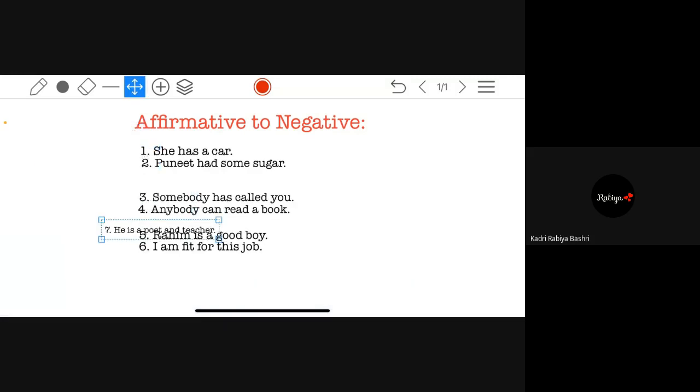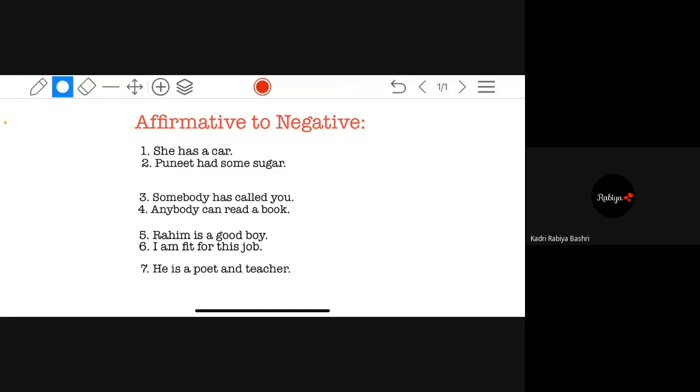Two things are given about him, poet and teacher. So, how will you change it to negative? Will you say that he is not a poet and not a teacher? I think you will try it that way first. He is neither a poet nor a teacher. Very good, yes, exactly.